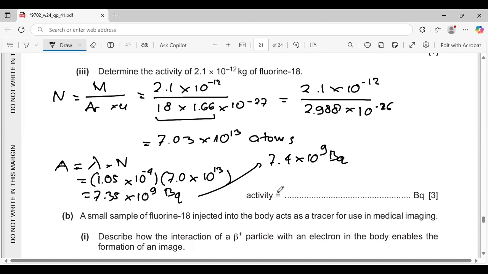So the answer here is 7.4 times 10 power 9, becquerel. This is the unit. Next question.